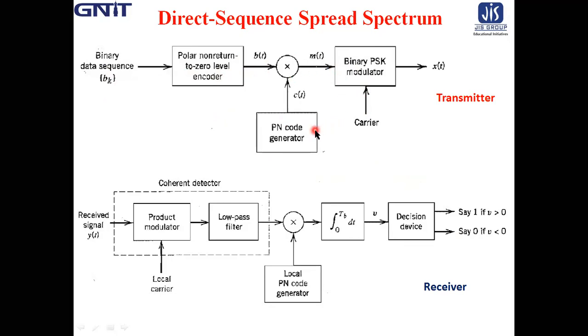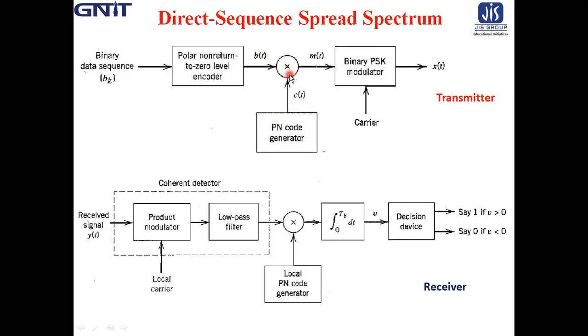The first stage consists of a product modulator or multiplier with the data signal b(t) and the PN signal c(t). The PN signal represents the PN sequence, as these two are the inputs of the product modulator.